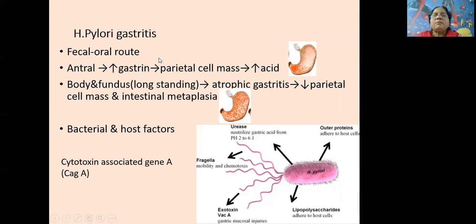At that time the parietal cell mass gets reduced and the mucosa undergoes intestinal metaplasia. Remember, initially it is antral gastritis, with increased gastrin secretion and increased parietal cell mass leading to increased acidity.